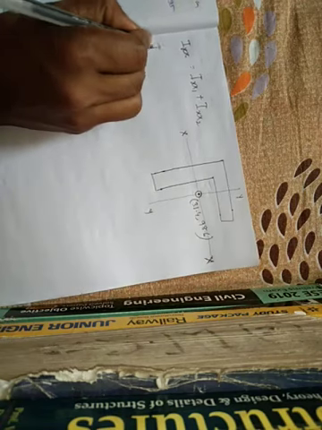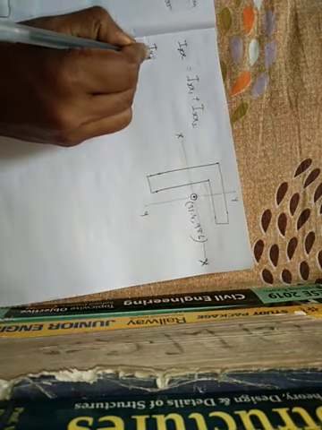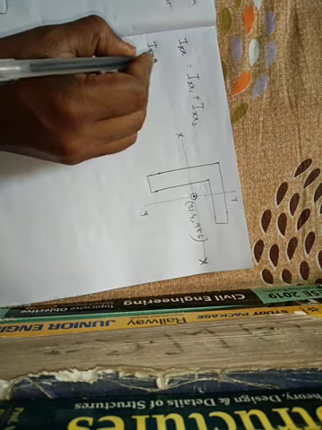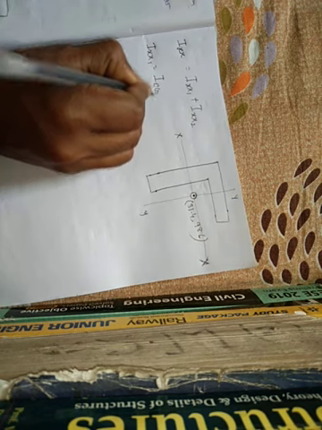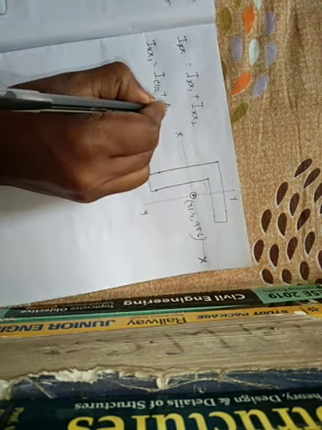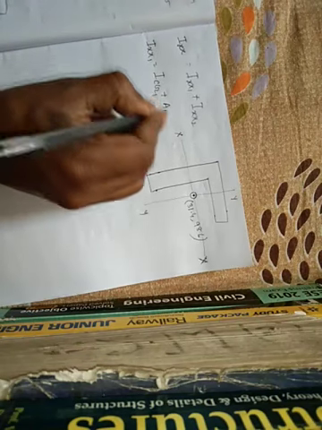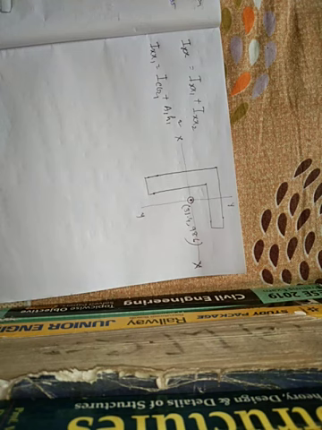Now calculate the moment of inertia of the flange section Ixx1 about the x-axis, which is equal to the moment of inertia about the CG of this rectangle section plus the area of section 1 into h1 square.